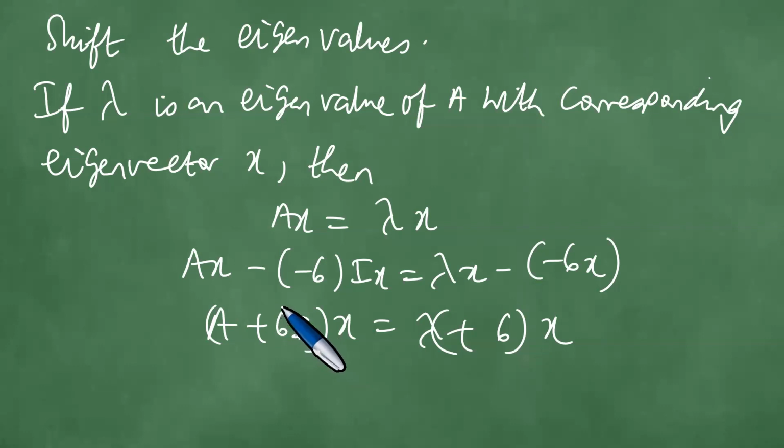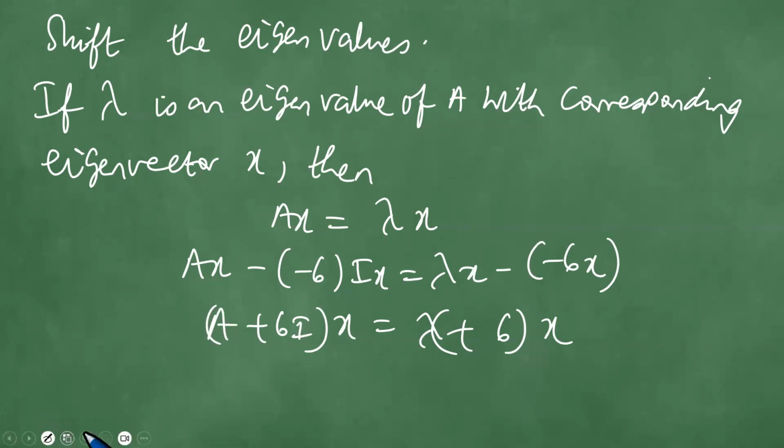And now we actually are able to transform this system in this particular manner. And this transformation of the subtraction of minus 6x here, we put the identity matrix because we are having a matrix A on the left of the equation.